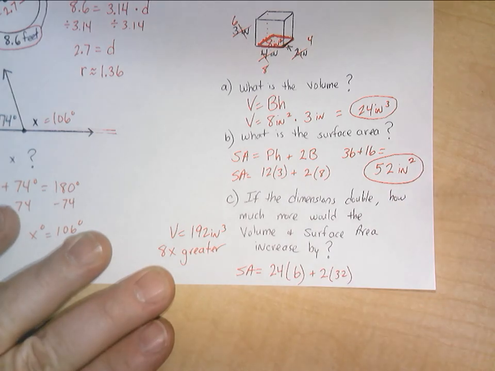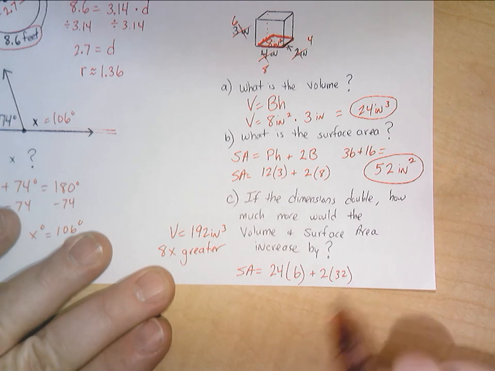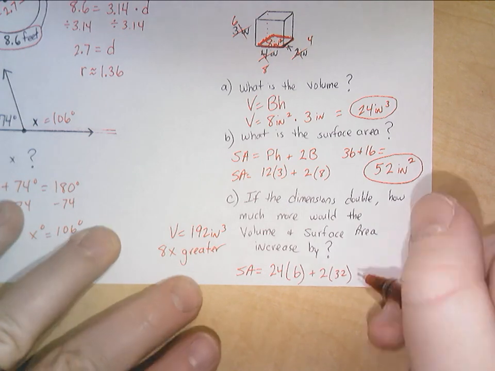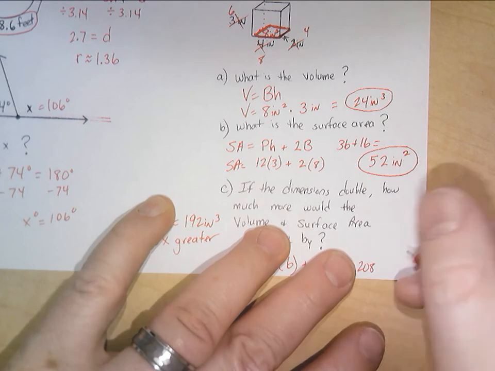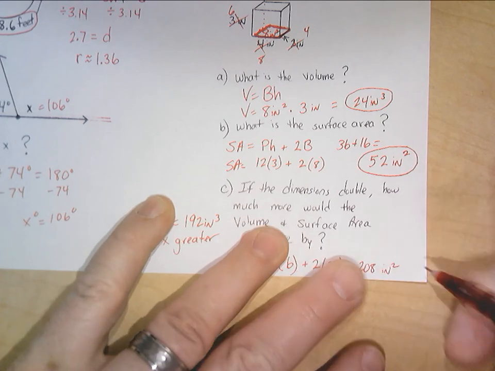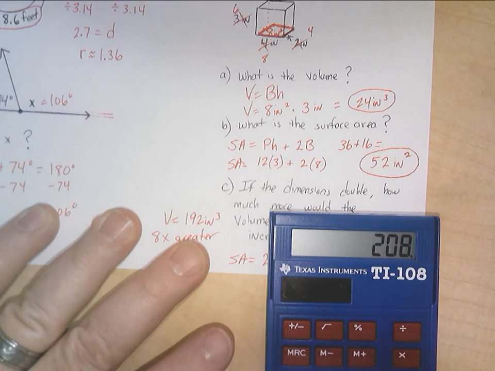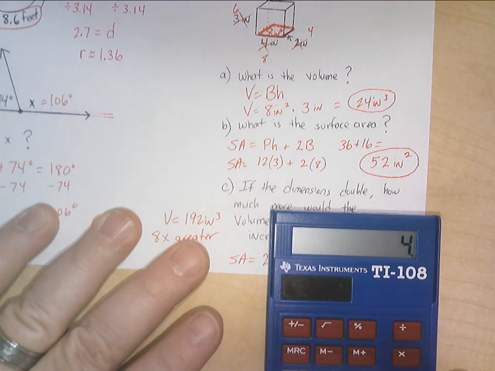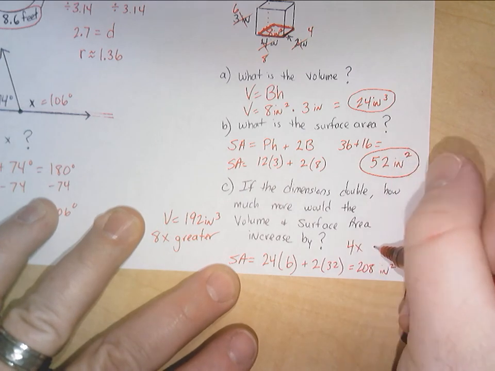So 24 times 6 equals 144, plus 64, plus 64. So the surface area would equal 208 inches squared. If we divided that by 52 to see how many times greater this is than the other one, it's 4 times greater. So surface area is 4 times greater.